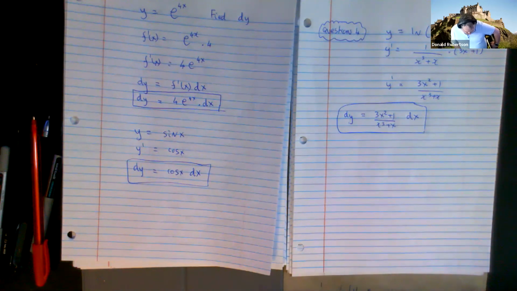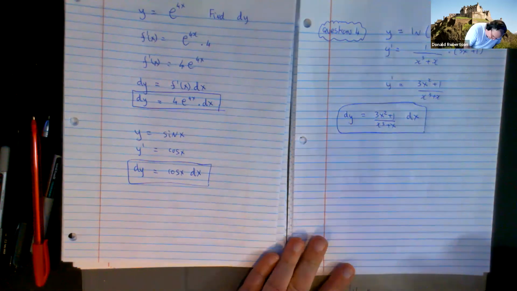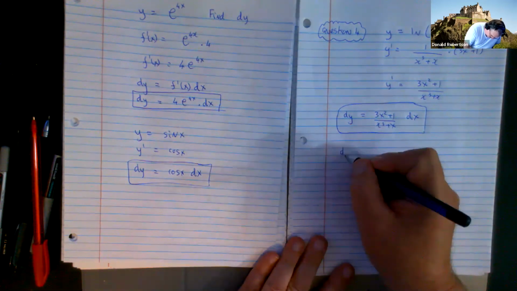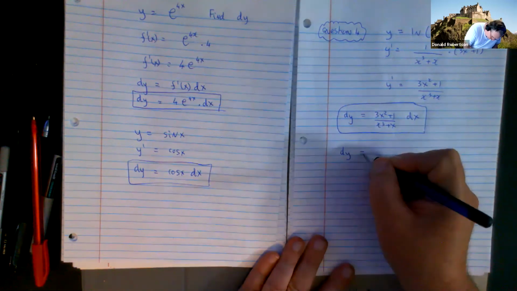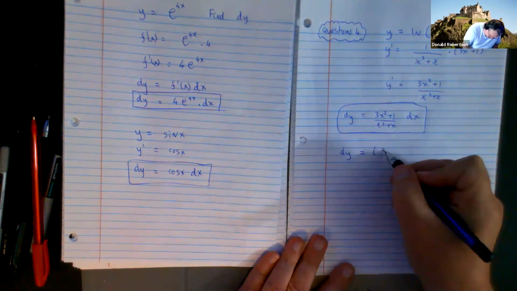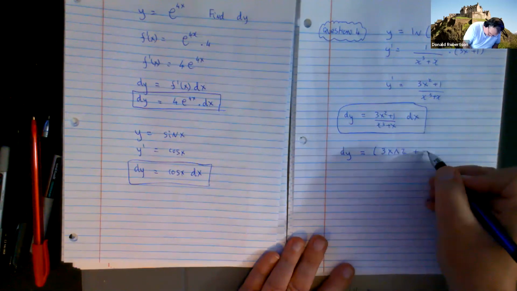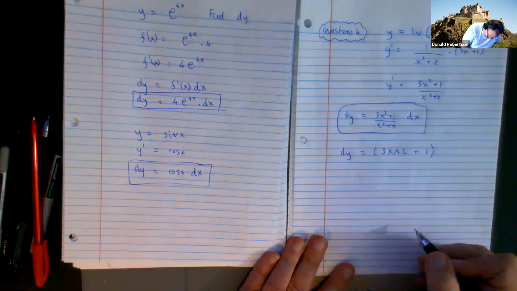Now, if you've been watching this video, you will realize that this question 4 has already been done for you. So all you will need to do for this question 4 is to write your version of this. Now in text, it's going to be a little bit difficult. You're going to write dy, that's the easy part. Equals, that's pretty easy. You're going to have to do a bracket. 3x squared is going to be 3x, that funny little symbol, 2 plus 1, close the brackets.